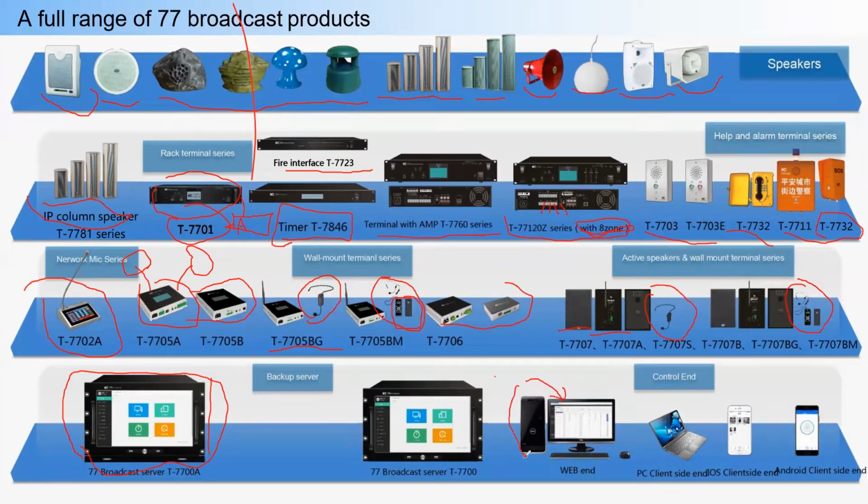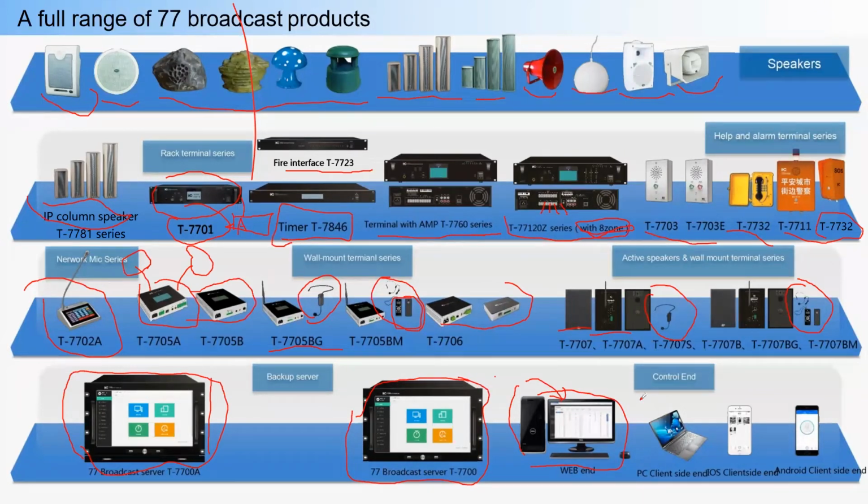The PC could also be a server. For normal projects, we can use the personal computer to deal with it. But if the terminals are too many, we suggest using our broadcast server T-7700 series to deal with multiple terminal projects.